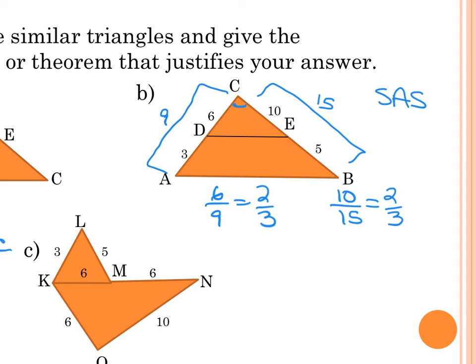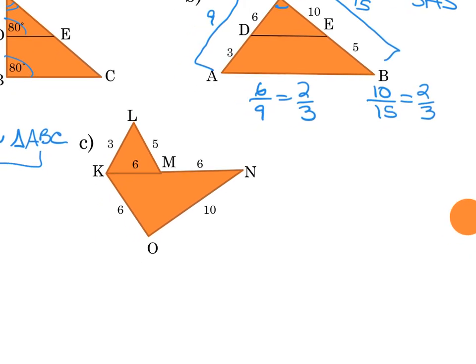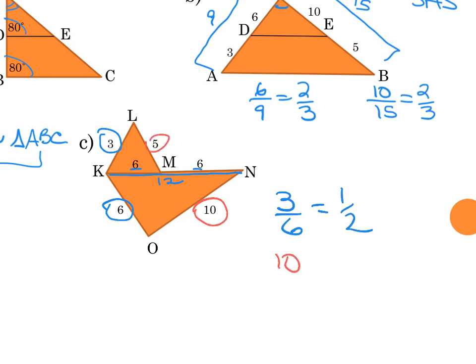Let's try letter C. Again, this side here is made up of the 6 and the 6, so it has a length of 12. So let's go ahead and set up our ratios, the smallest number with the smallest number here, so 3/6 is 1/2. Then the medium number, which would be the 10, and the 5.